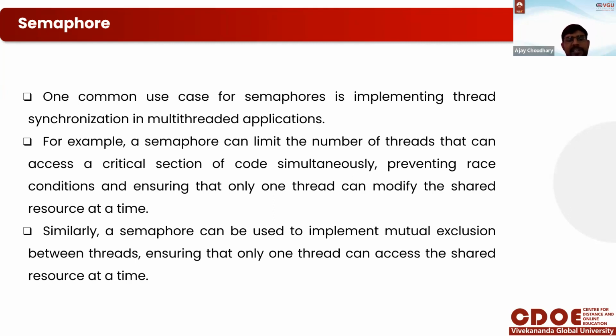Race condition means two processes want to acquire the same resource at the same time, and this is called a race condition, and we ensure that only one thread can modify the resource at that time. Similarly, a semaphore can be used to implement mutual exclusion between threads. They also give some values, some locks, some other methods. There are multiple kinds of concepts to avoid such situations and complete our program.